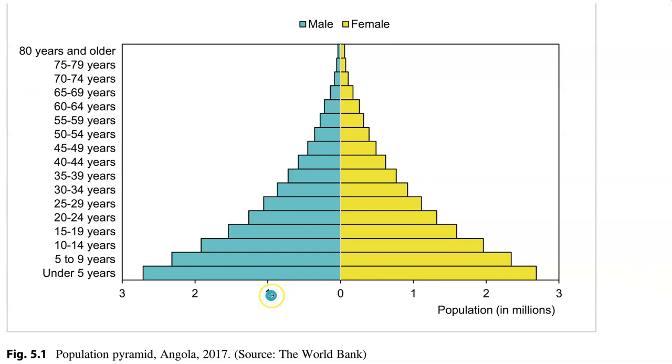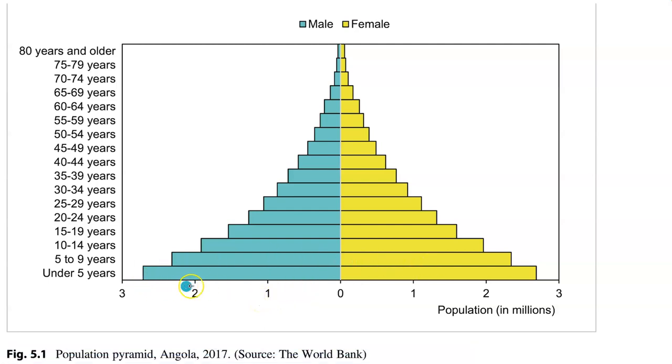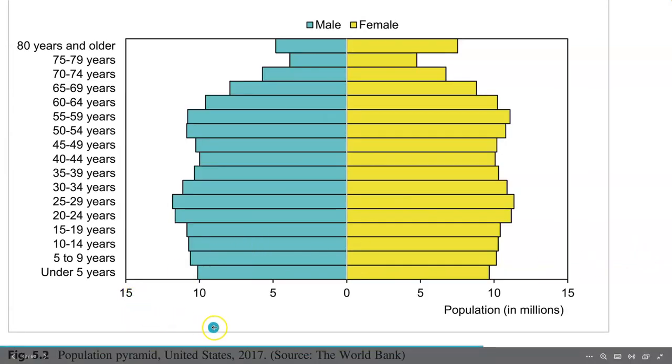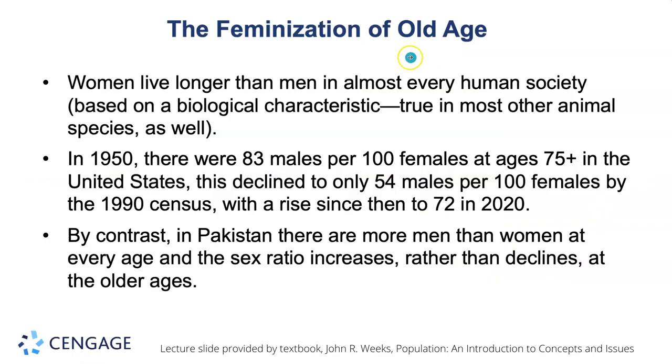Alright, so this is the population pyramid of Angola. As we saw with Nigeria, there was a larger proportion of the younger generation, but in the United States in 2017, from another source of the World Bank, there is a larger proportion of the elderly or older generation compared with Angola. So for old age, women are naturally more likely to live longer based on biological characteristics, their lifestyle and other social phenomena.